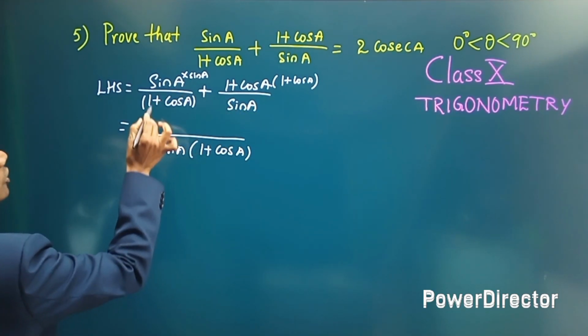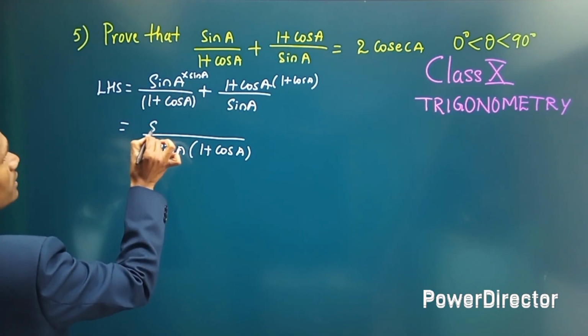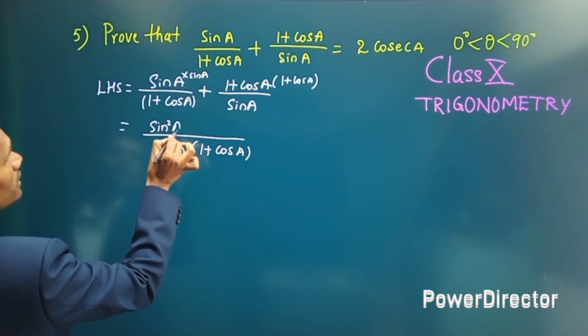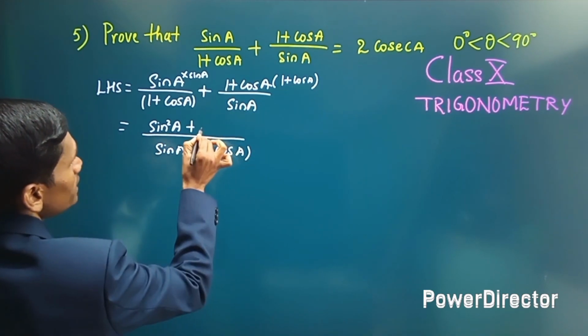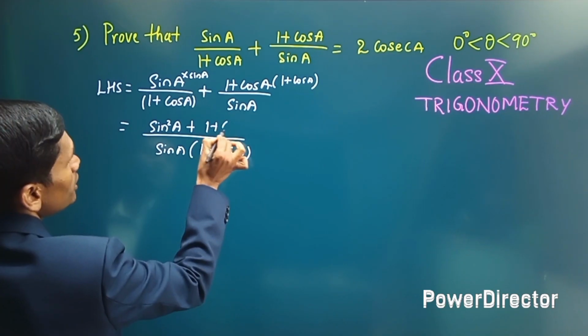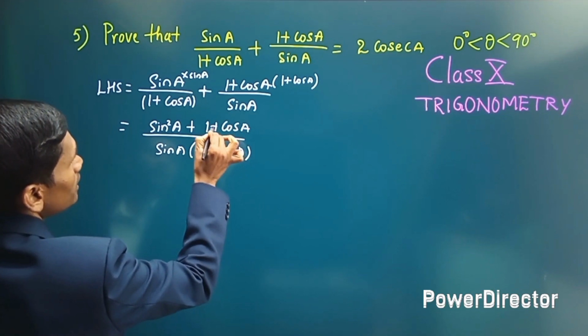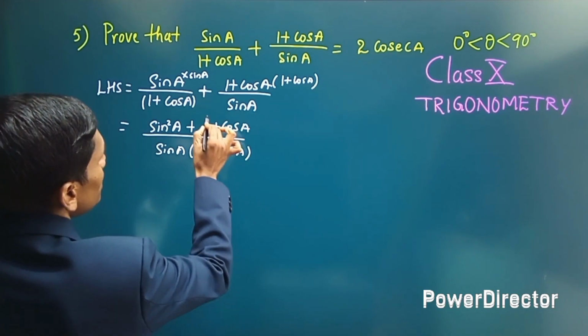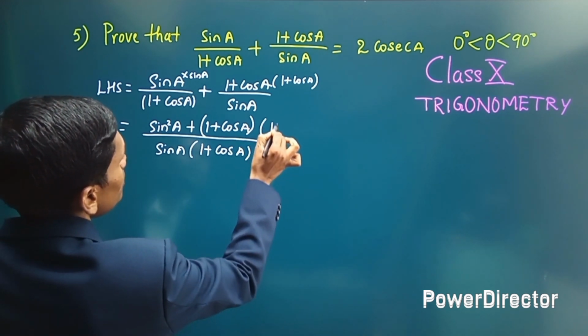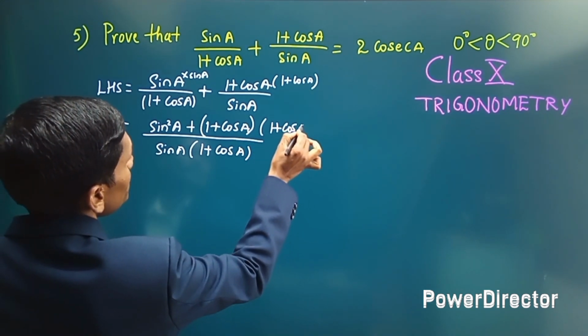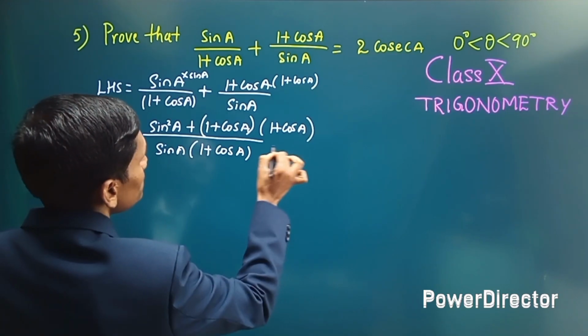If you write that, how do you get this? Sin A into sin A is sin square A, right, plus (1 plus cos A) into (1 plus cos A).